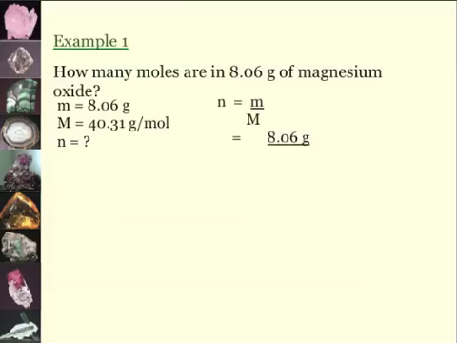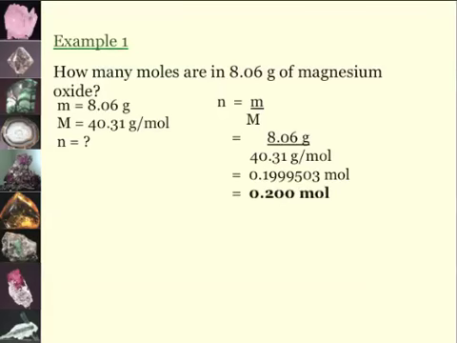I'm going to substitute in my values, and I'm going to work out my calculation, okay? So in this case, I got to round here again to 3 significant digits. And the reason why I'm doing this is because my mass has only 3 significant digits.